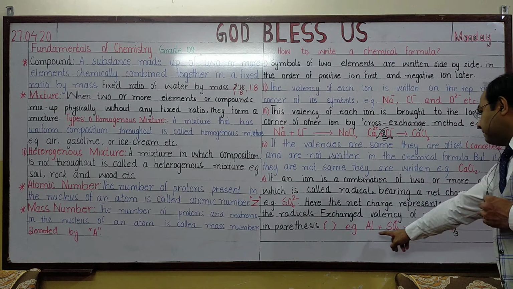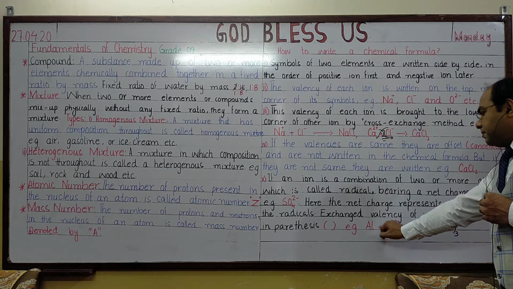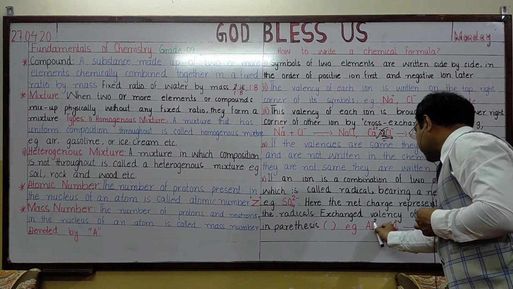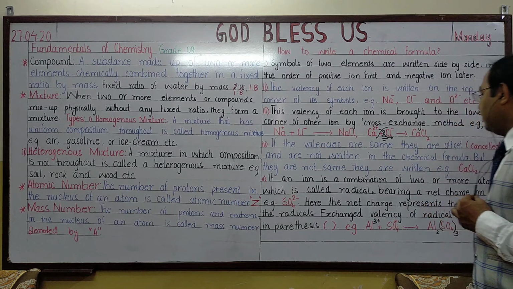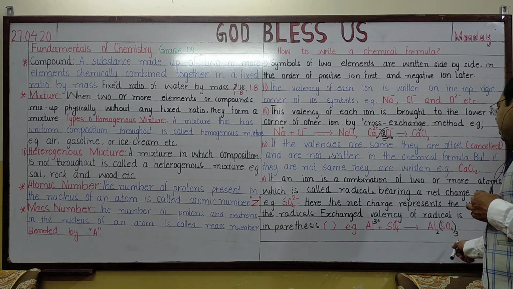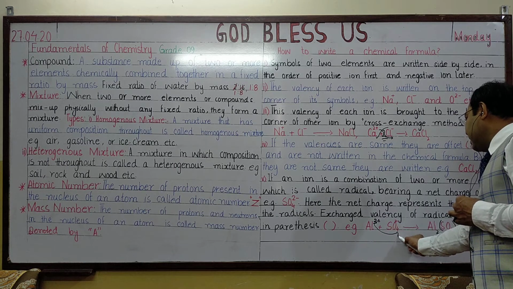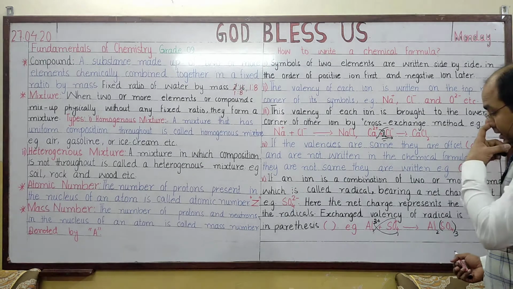Now for example, it's Al, it has valency 3 plus. Its valency is plus 3. Now when you want to make it balanced, what will happen? 3 plus would be shifted here and 2 minus will go here, but we don't write plus and minus.